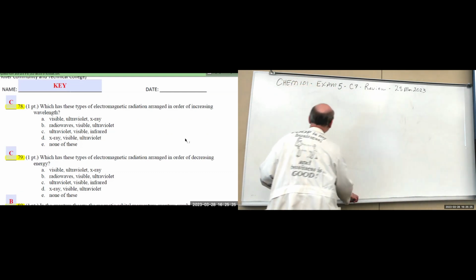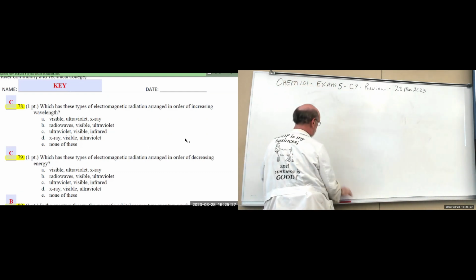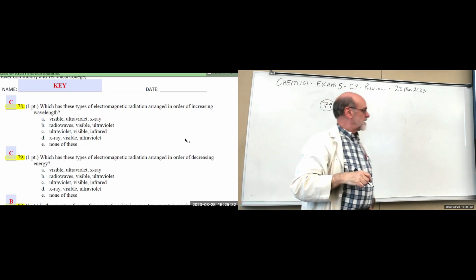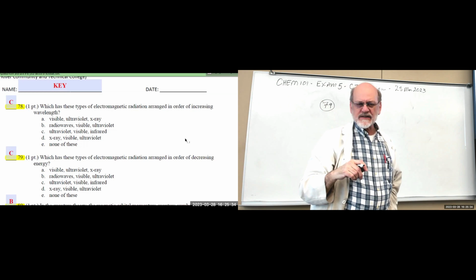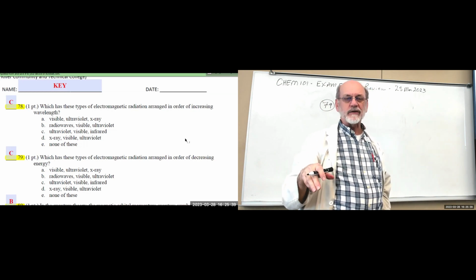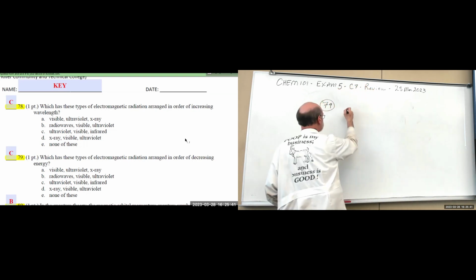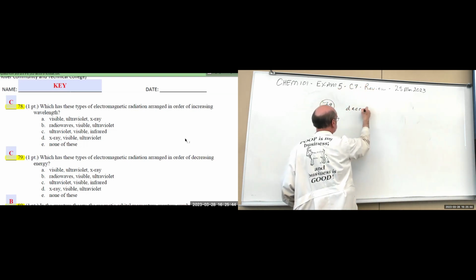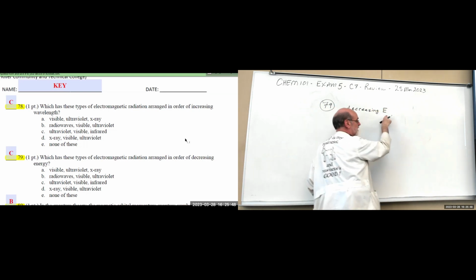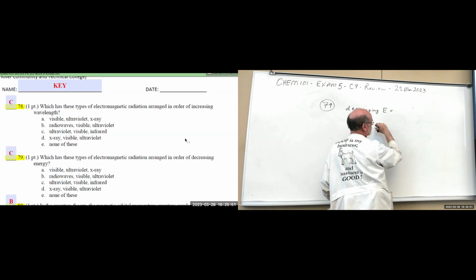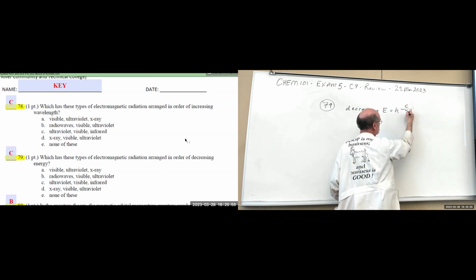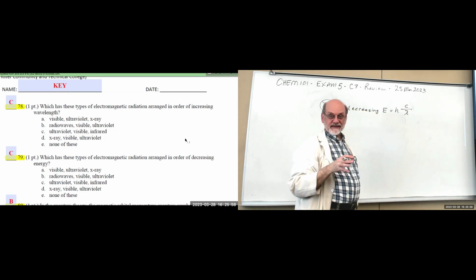79. Which of these types of electromagnetic radiation are arranged in order of decreasing energy? Okay, decreasing energy. When we look at that, we need this expression, Planck's constant, and that's the one that has wavelength in it.